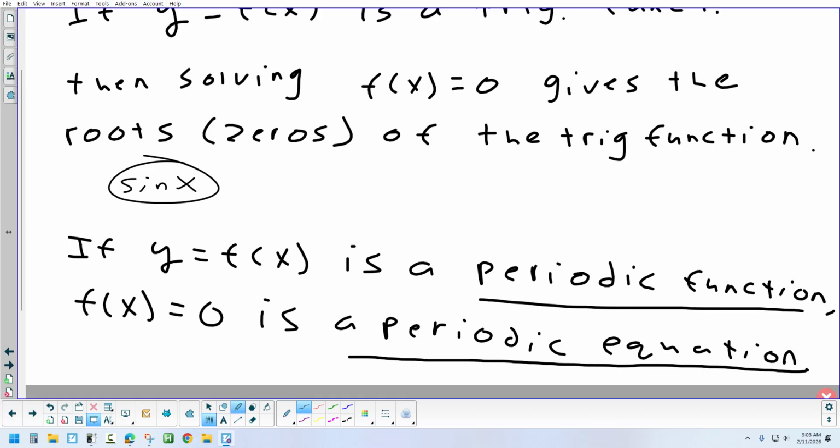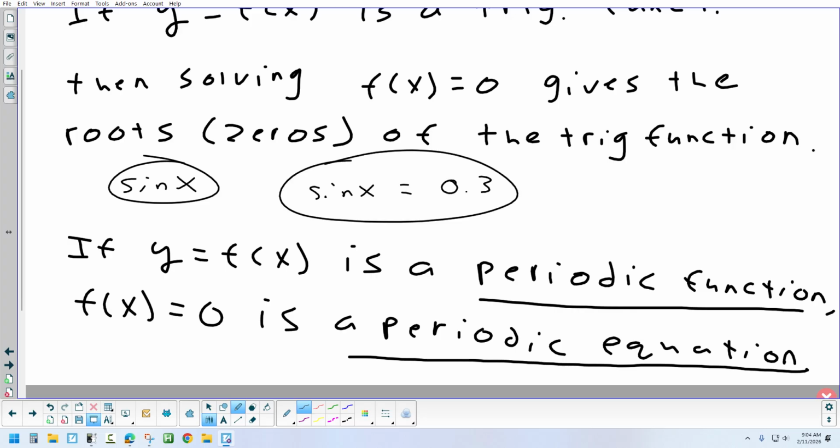A periodic equation is when you take sine x, put an equal sign, and then put a number on the other side. Any question on the difference between a function and an equation? An equation has an equal sign with a left and a right. A function does not. It's just like square root. That's a function. Square root's not periodic, but the trig ones are.